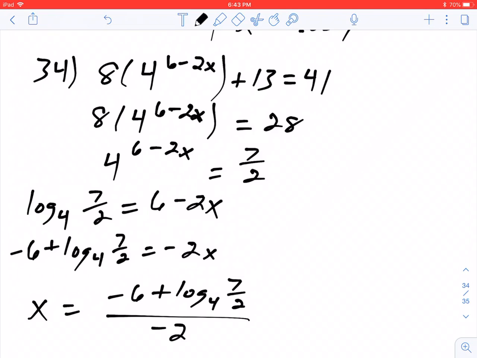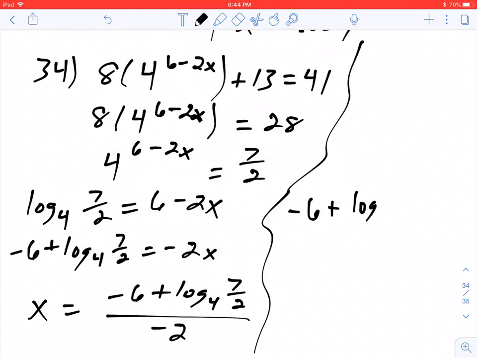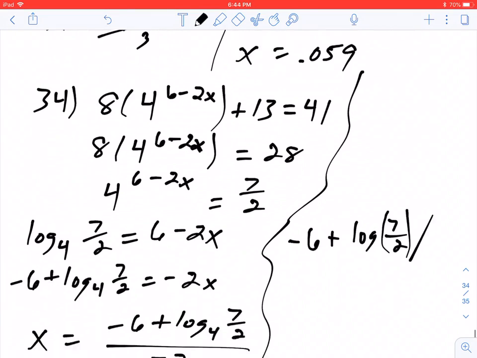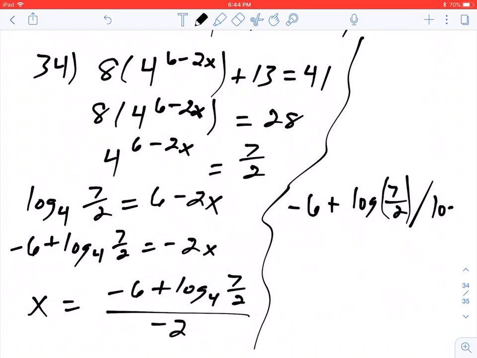Now that is a very tricky problem to type into your calculator. The way that you're going to type this in is I'm actually going to write what you're going to type in. In your calculator, you're going to type negative 6 plus log of 7 over 2 divided by log of 4.